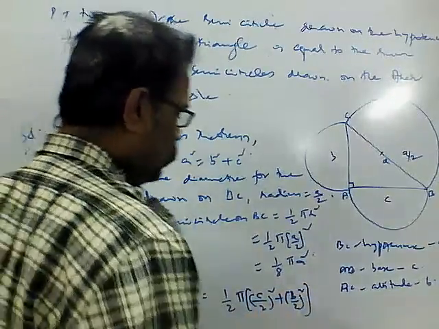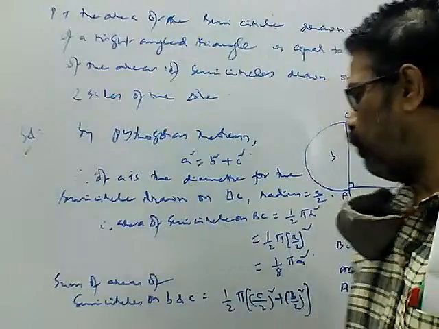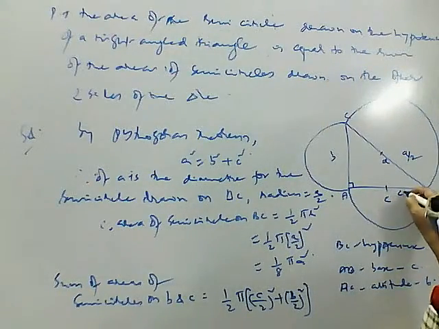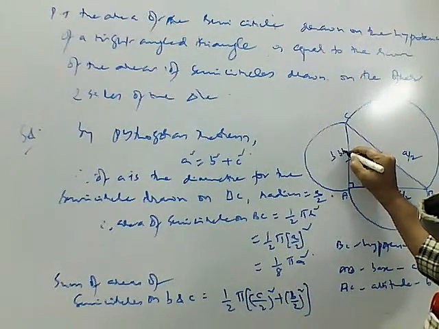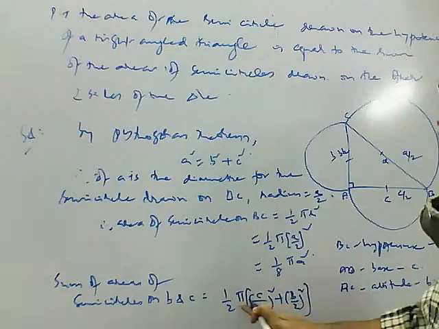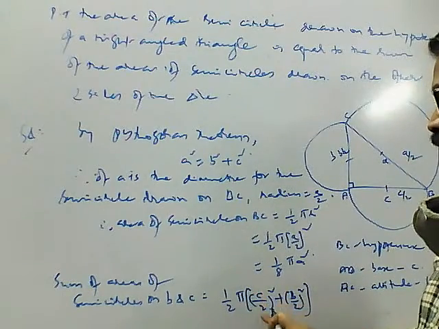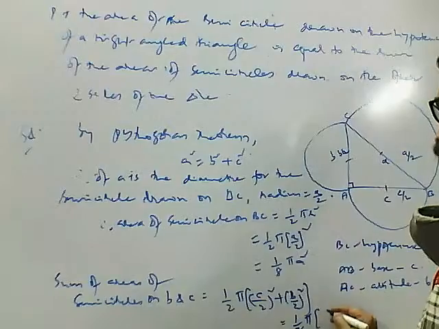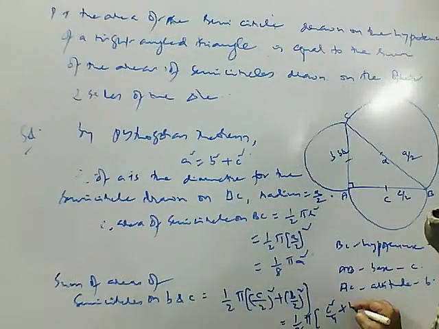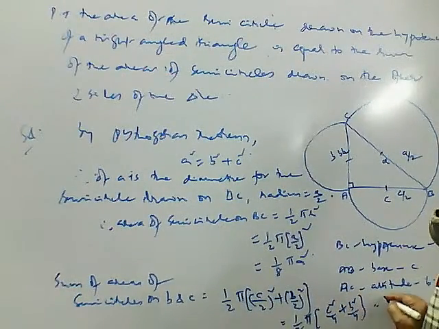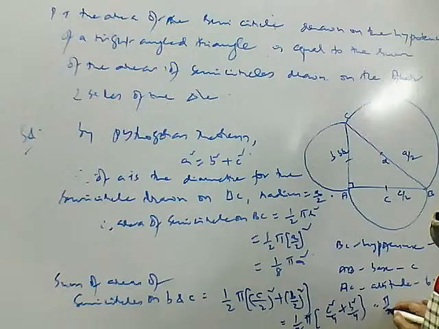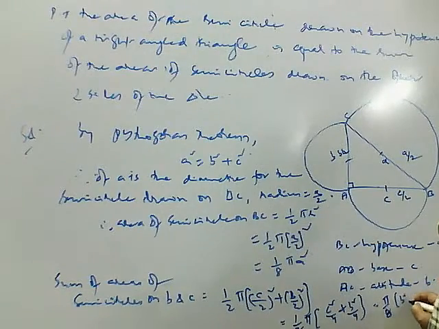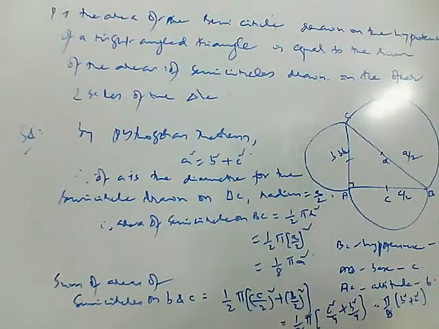Because I added together half pi r square: half pi, where this radius is C by 2 and this radius is B by 2. So half pi common, C by 2 whole square plus B by 2 whole square. So half pi into C square by 4 plus B square by 4. So pi by 8 into B square plus C square.